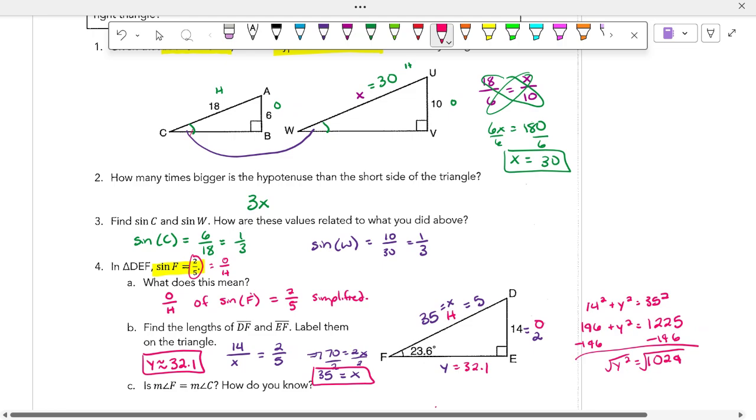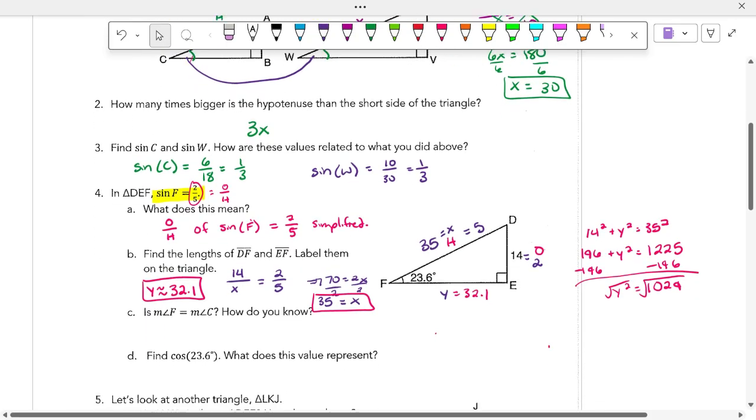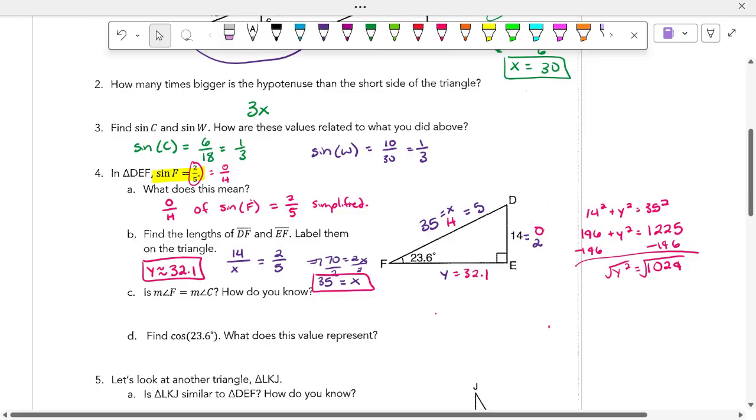Could we test it? Or is it congruent to angle C? So what do you think? Is angle F going to be congruent to angle C? Yes or no? No. Why?